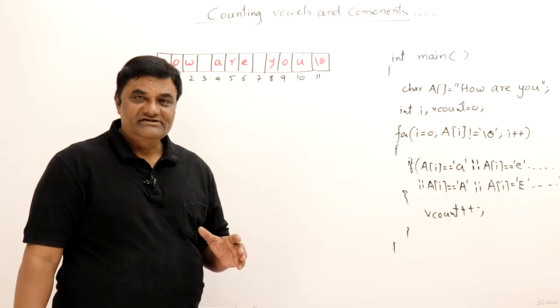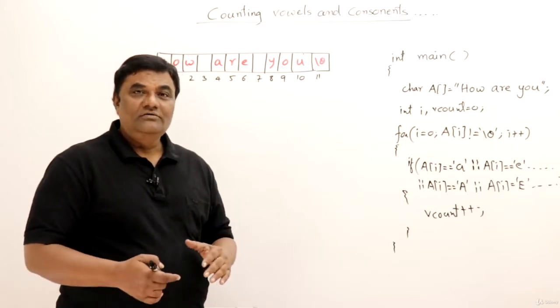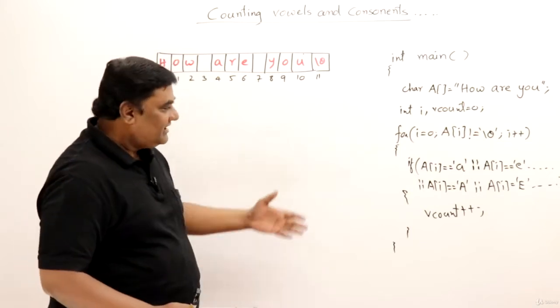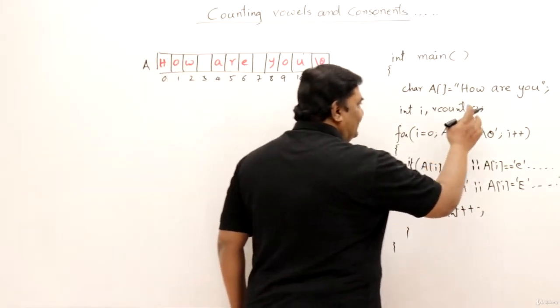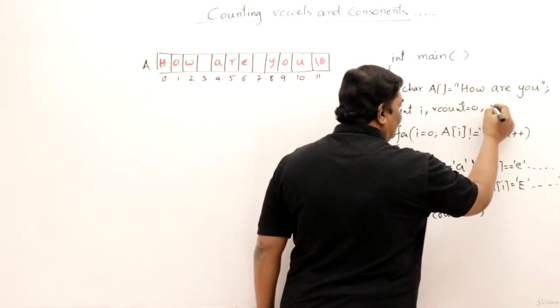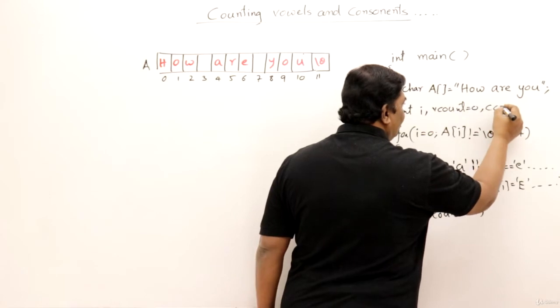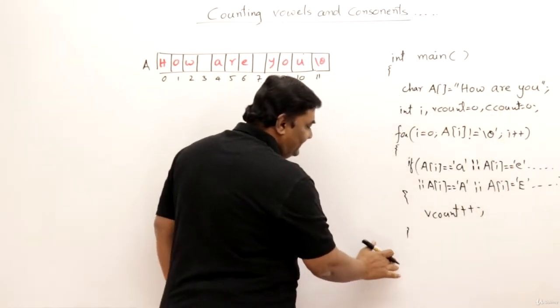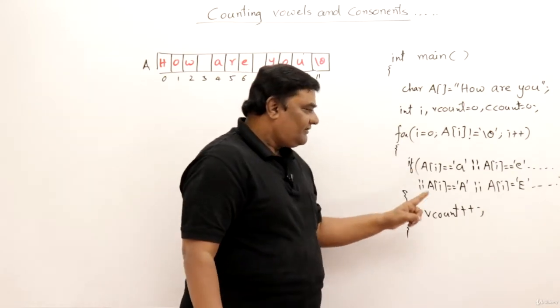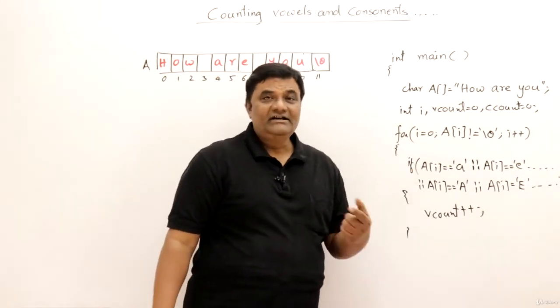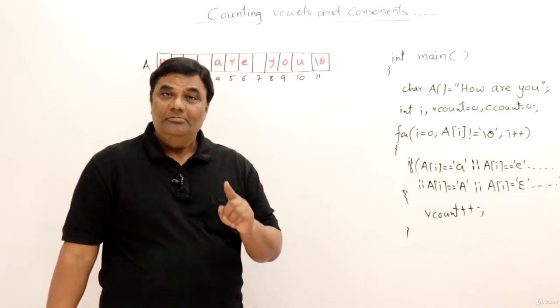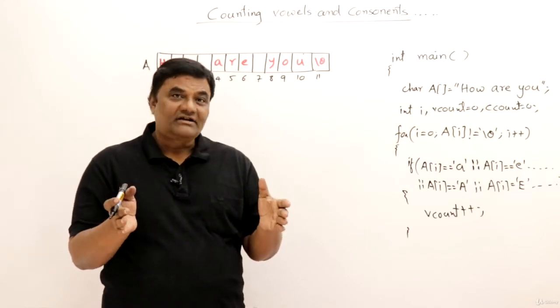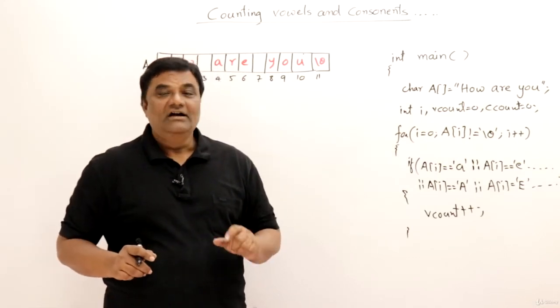This is one thing. Next, suppose I want to count consonants also. Then inside the same program, I can include one more counter for consonants. So c count, that is consonants, I will initialize to 0. Then if it is not a vowel, it may be a consonant, but it must be within the range of alphabets.